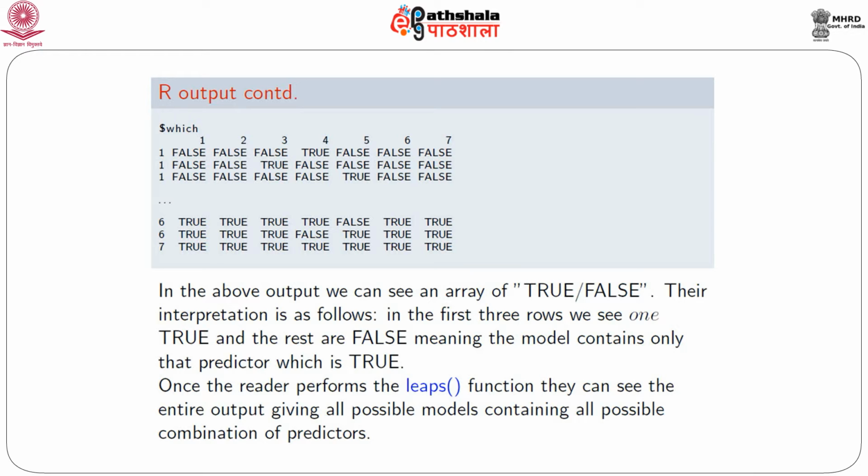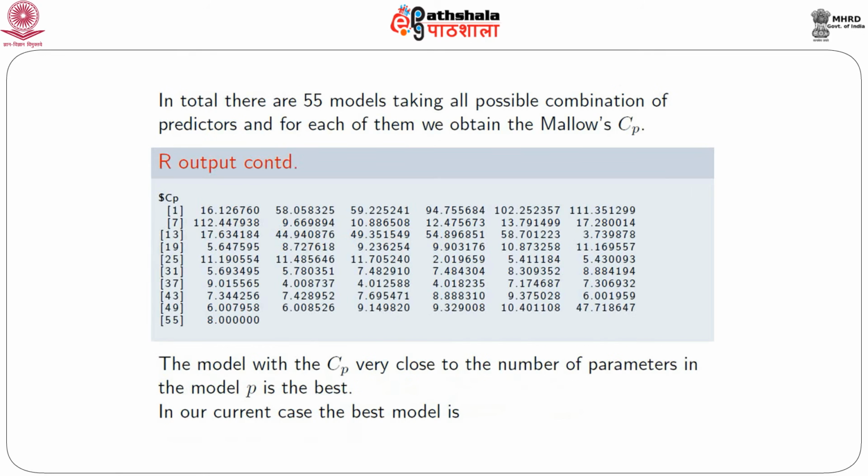Once the reader performs the leaps function, they will see that the entire output gives you all possible models that we can create using all the predictor variables in this data set. So, in total there are 55 models, although I have not presented the entire output here, taking all the possible combinations of the predictors that are available.